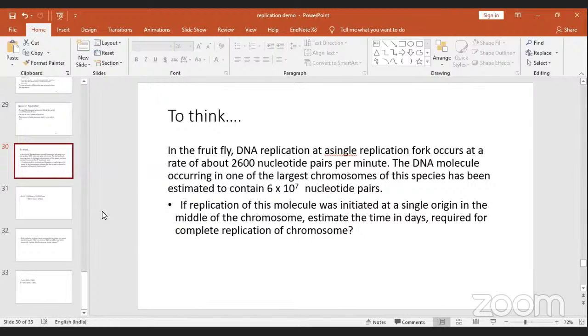Okay, now answer the question. If this goes by bidirectional replication, how many days would it take to complete the replication for the same question? In bidirectional, I'm trying. Others can also answer.